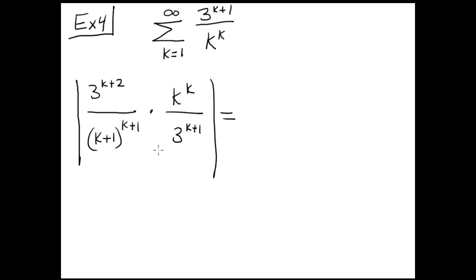The 3 first. 3k plus 2 divided by 3k plus 1 is just 3. You can separate this like a k plus 1 times k plus 1 raised to the k power. This is 1, invisible.